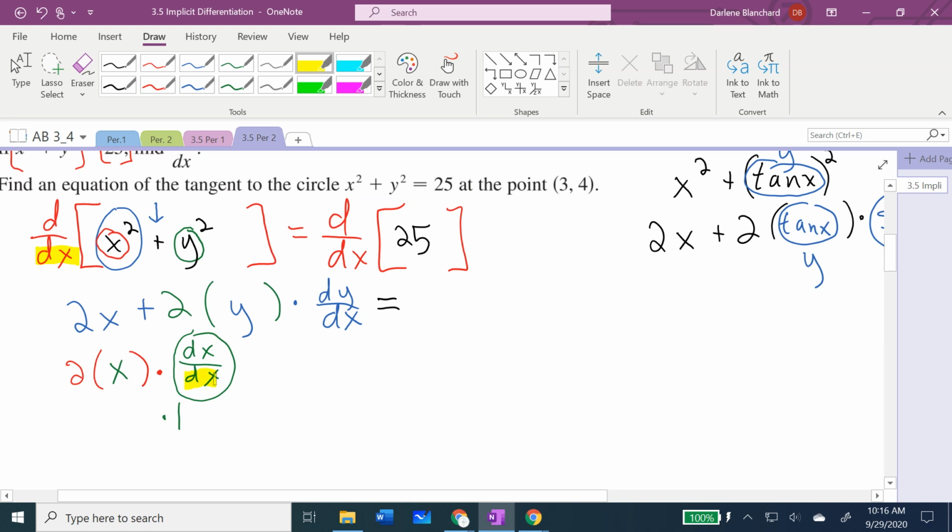And as you look at this, you can see why that one variable you don't have to do it for. So what you're really seeing with implicit differentiation is just a bigger picture.